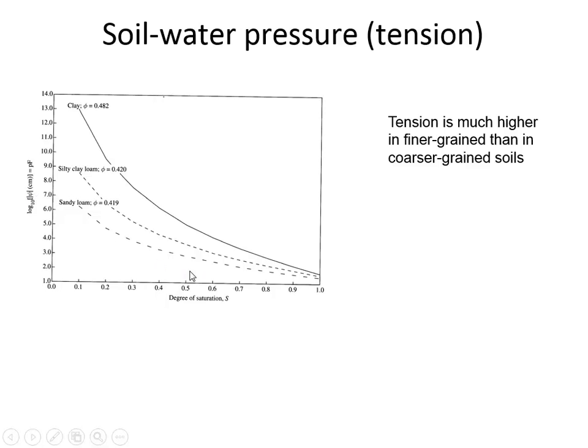But what you can see is that as the saturation decreases, the tension goes up. This is like a suction force, and sometimes this tension is expressed in terms of a head rather than as a pressure. It means that as the degree of saturation, or how much moisture is in the soil, goes down, the soil is more hungry for water.